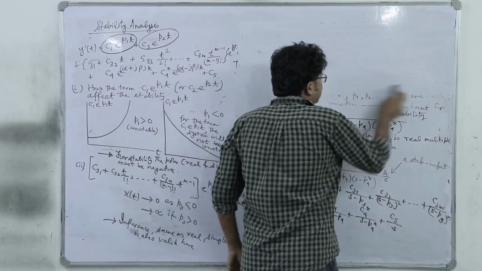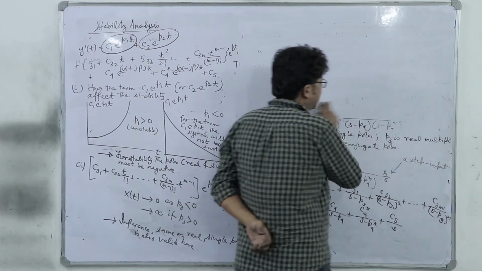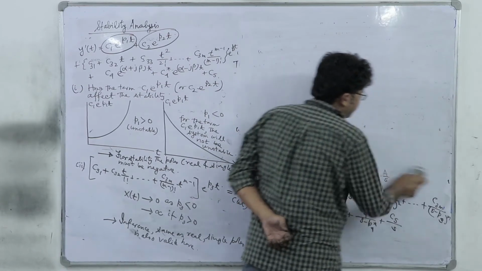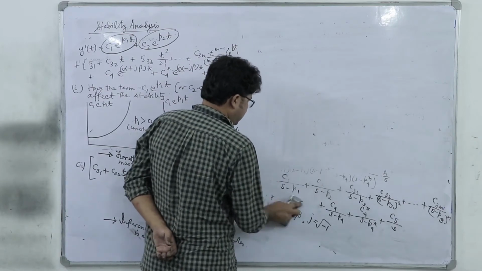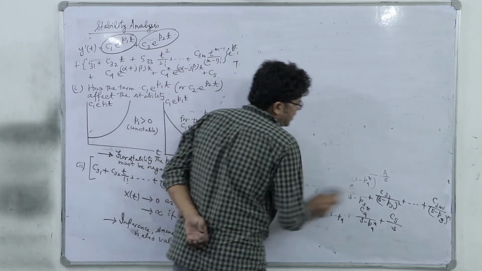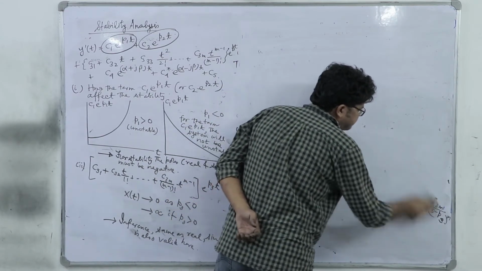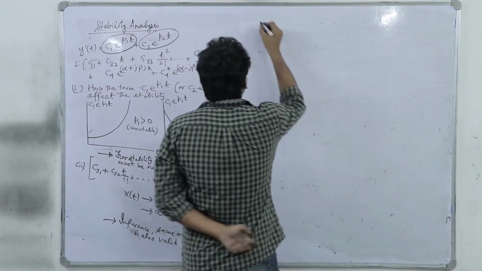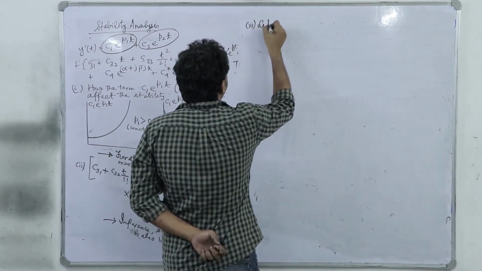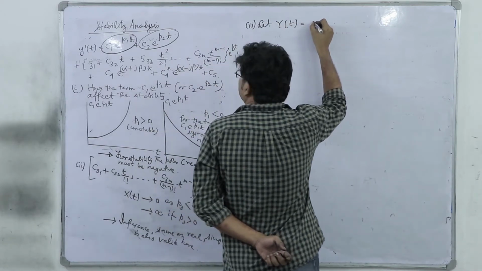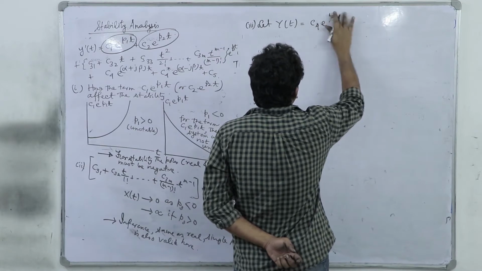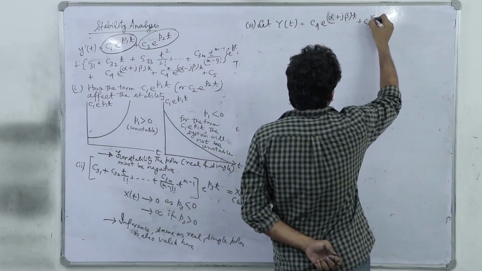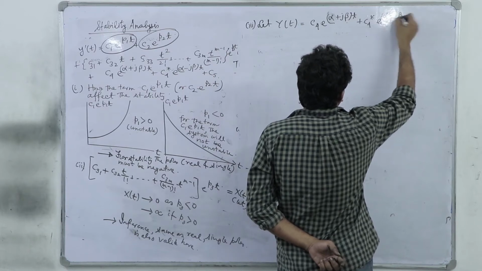Now, complex conjugate poles, you see, we have already got the time domain response as e to the power (alpha plus j beta)t plus some constant into e to the power (alpha minus j beta)t. Now, let Y(t) be C4 into e to the power (alpha plus j beta)t plus C4 star e to the power (alpha minus j beta)t.